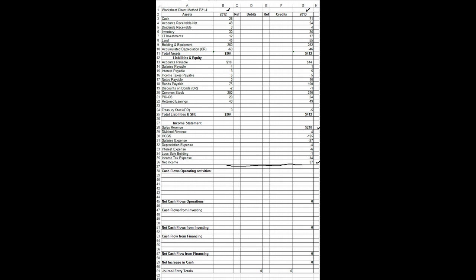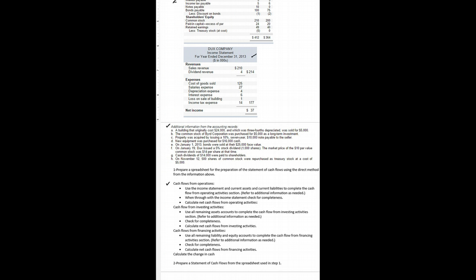Let's go back to our problem data for a moment. Requirement number 1 says prepare a spreadsheet for preparation of the statement of cash flows using the direct method. Then it gives you a little detail on how to do that. I'll just remind you, it says use the income statement and the changes in current assets and liabilities to complete the cash flow from operating activities section, and that you should refer to additional information as needed.